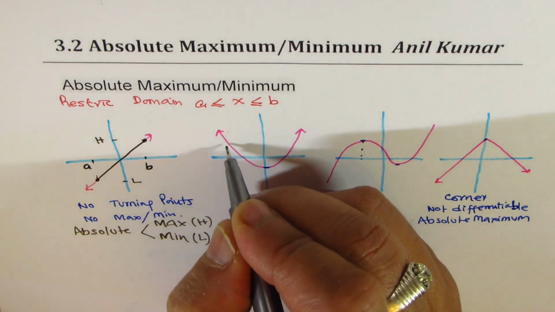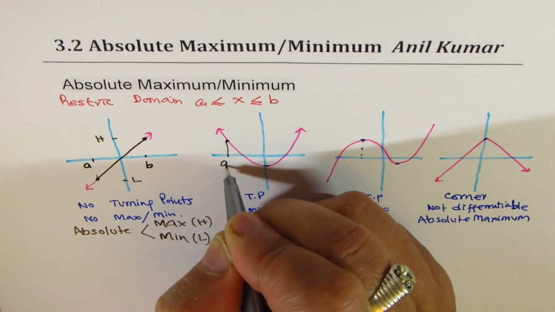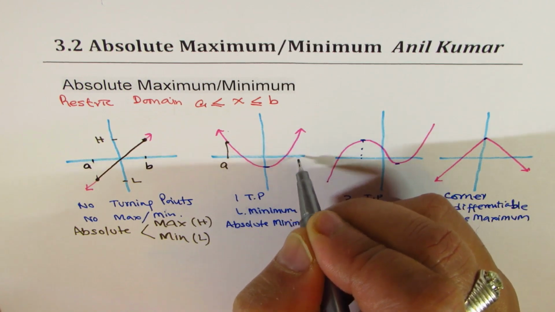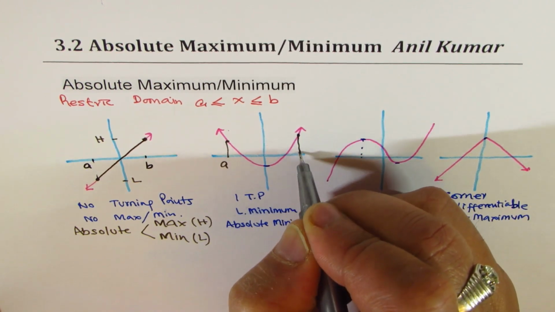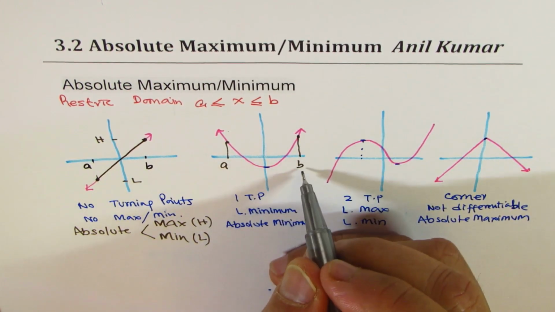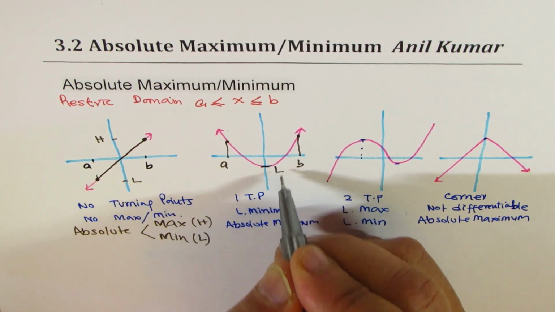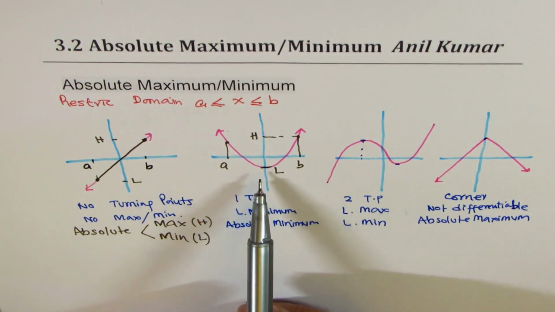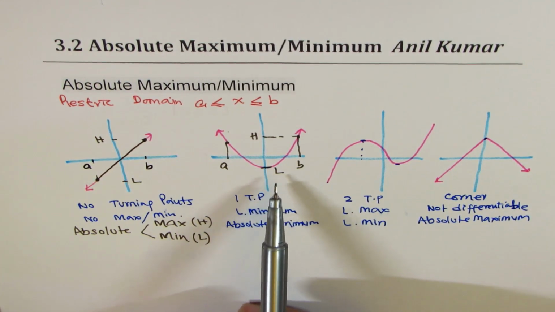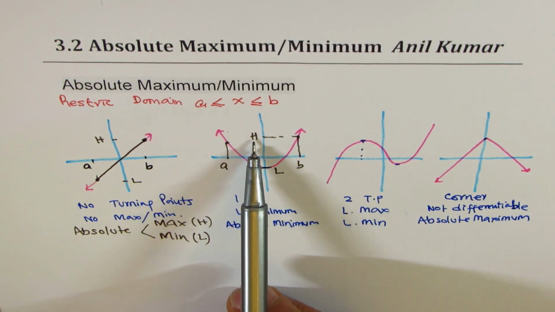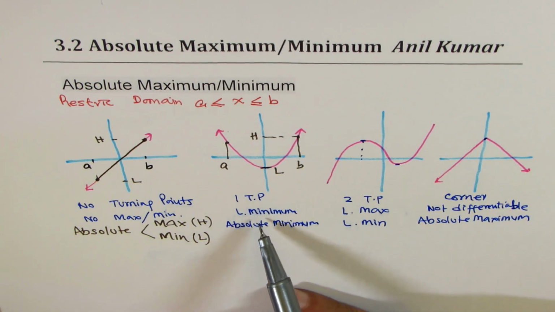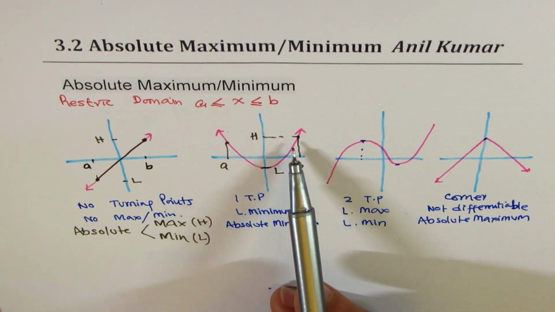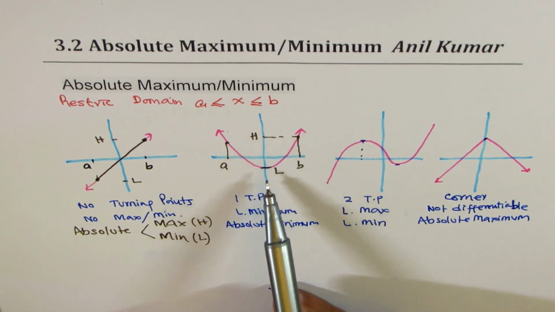Now look at it. If I use this point as A and this point as B, we have the lowest value here and the highest value there. So again we have an absolute minimum and also an absolute maximum. Earlier we did not have the absolute maximum, we only had the absolute minimum.